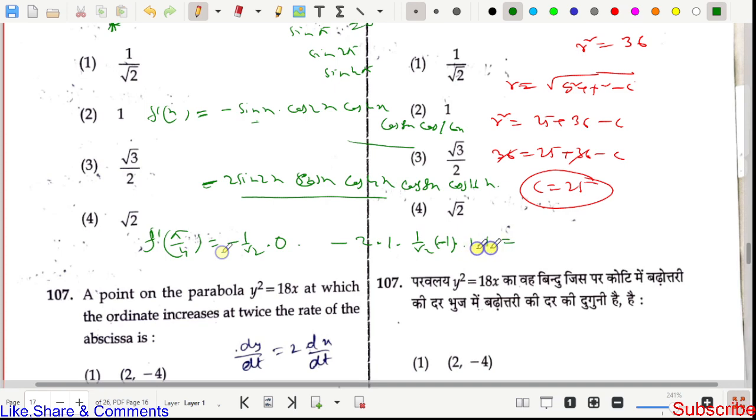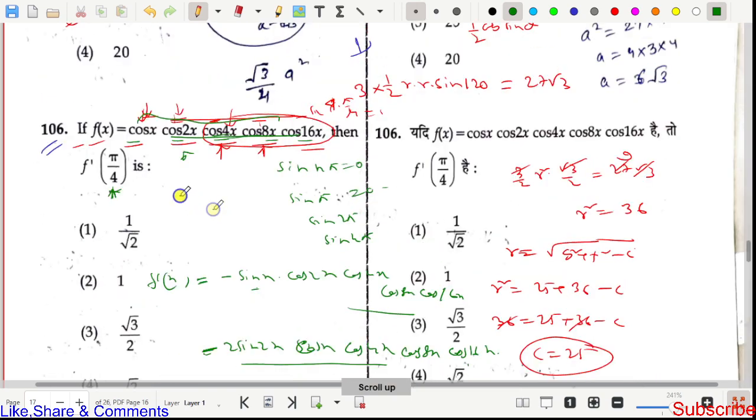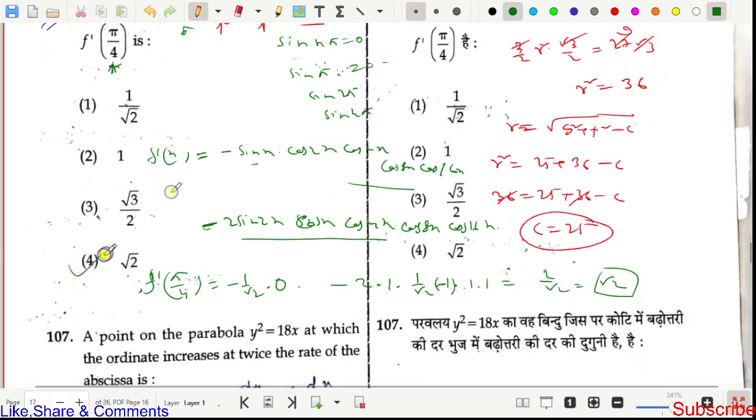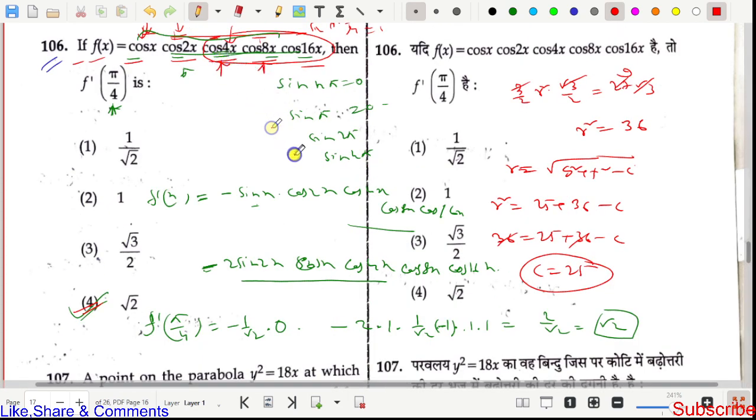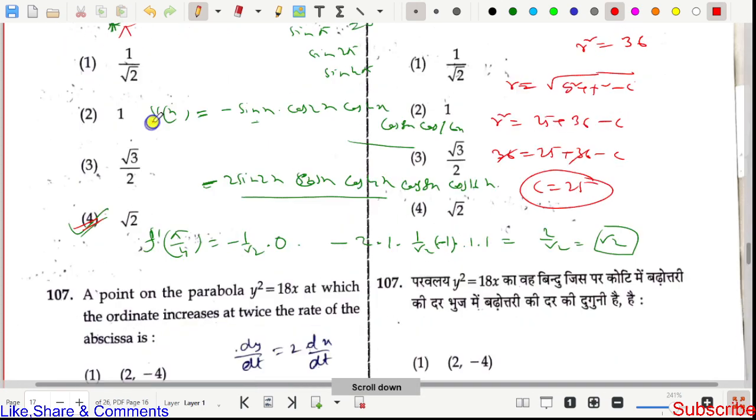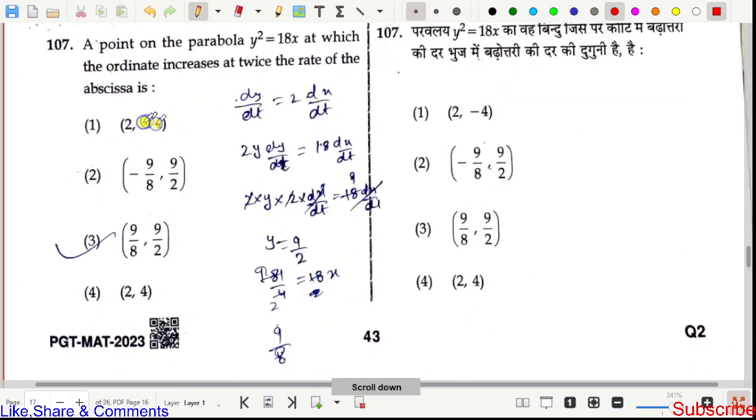The result we are getting is 2 by root 2, that means root 2. Clear? So f dash pi by 4 value will be root 2. So here, in concept, some calculation you have to do in your mind, like when sine is coming and you put the value, the result will be 0. Out of the box you have to think to solve this kind of problem.